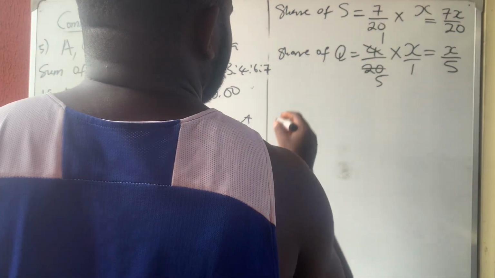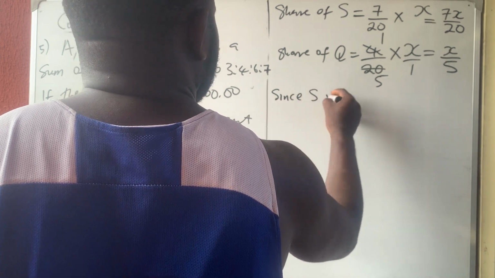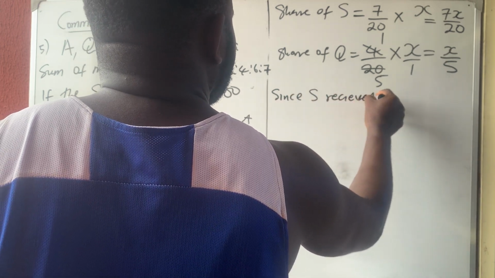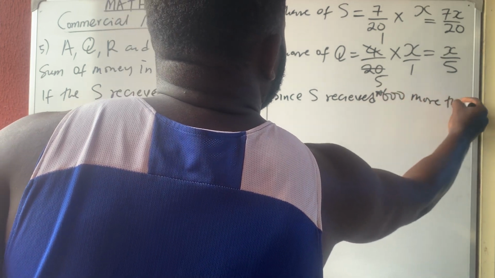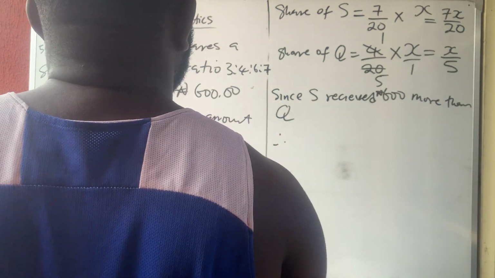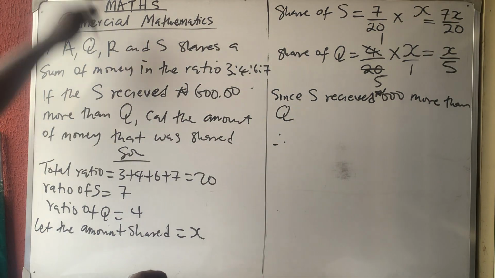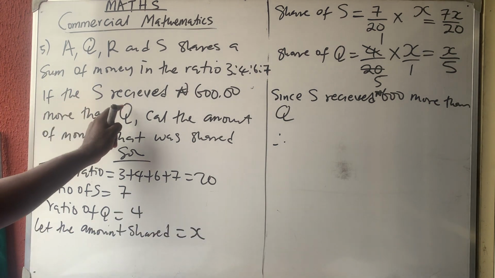All right, so therefore, since S received 600 naira more than Q, let's remove that 600 naira. If you remove that 600 naira, then they are equal, or you go and add that 600 naira to this man.